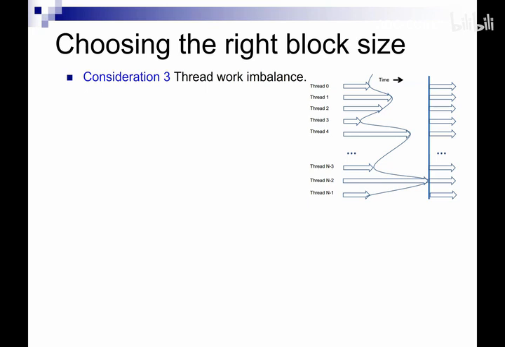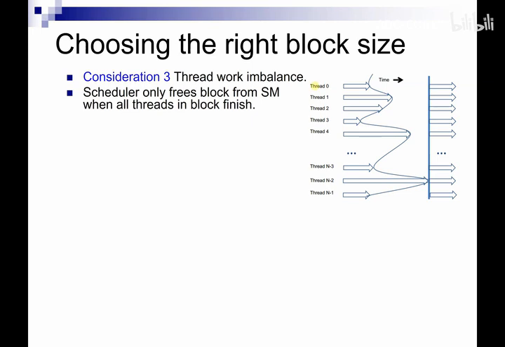Now the problem is that because of this variation, and the way the GPU works, all of these threads belong to one thread block. And we said that this thread block is going to occupy an SM and use up all the resources on that SM until the thread block finishes. Let's say the thread block finishes at this time point over here. So we're occupying all of these resources, and yet we're not doing much productive work with this thread block, because in all of this white region over here, these threads are not working.